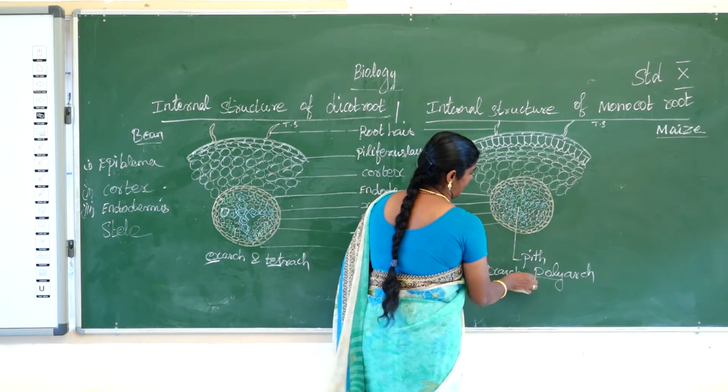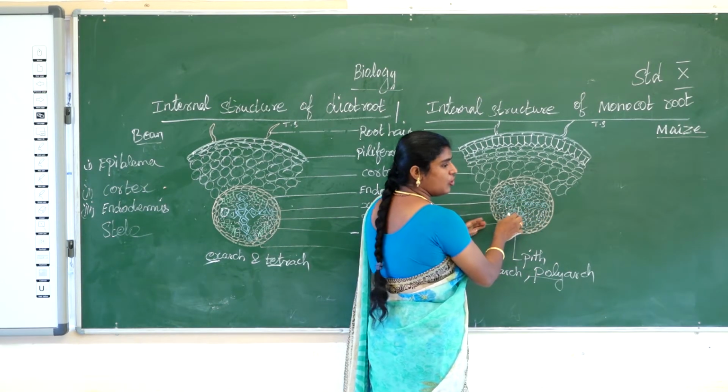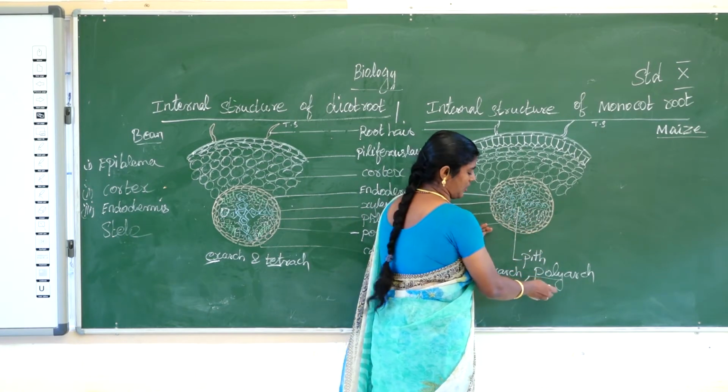What is the meaning of polyarch? 1, 2, 3, 4, 5, 6. Many xylem groups are present, so it is called polyarch.